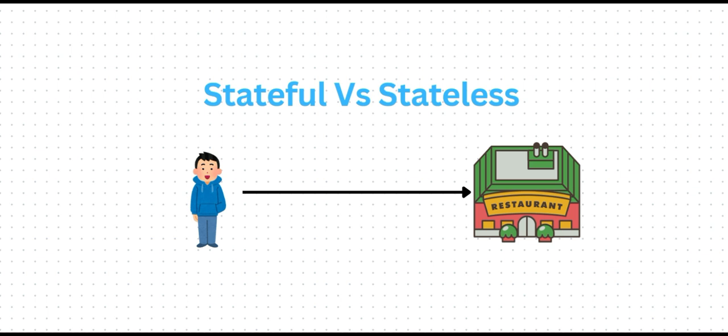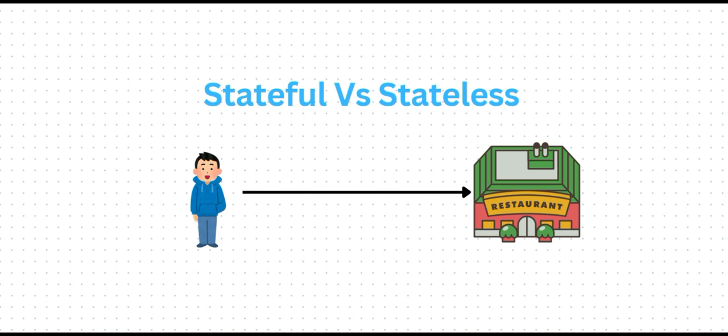Now let's take an example to understand stateless in depth. We'll take the same example. So now imagine you again go to the restaurant. Every time you order, you must show your receipt because the restaurant doesn't remember you. The waiter has not noted down your orders, and doesn't remember your table number.